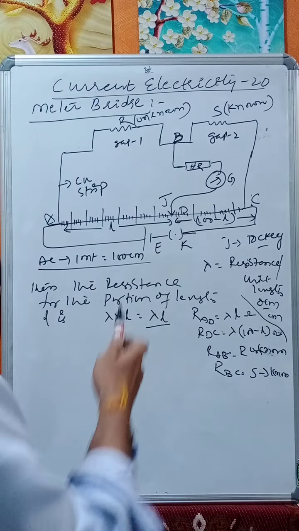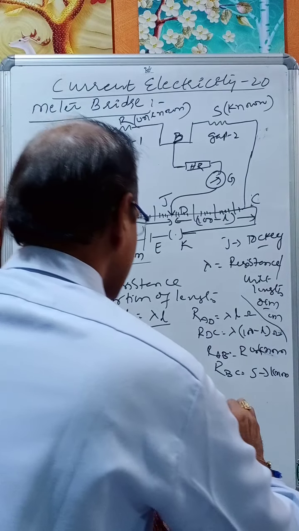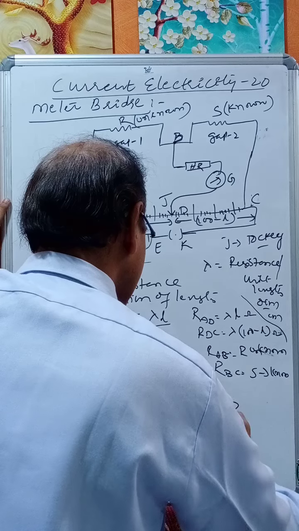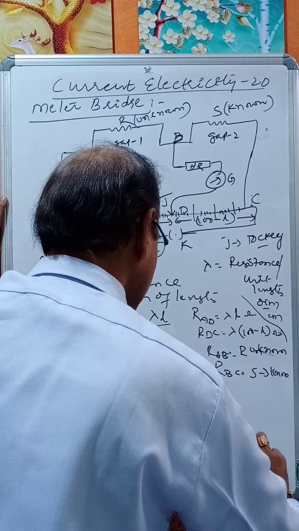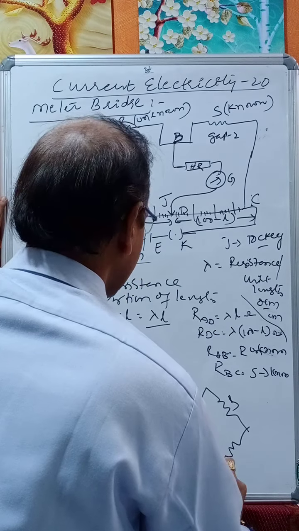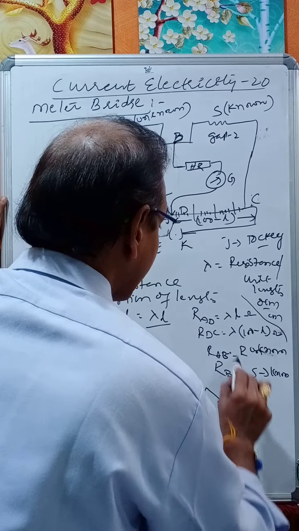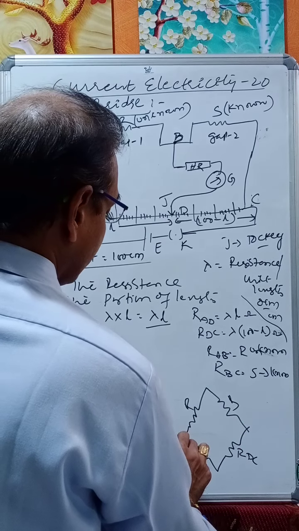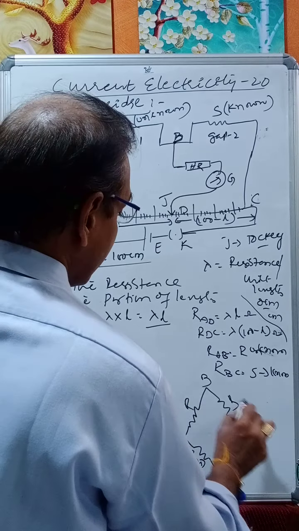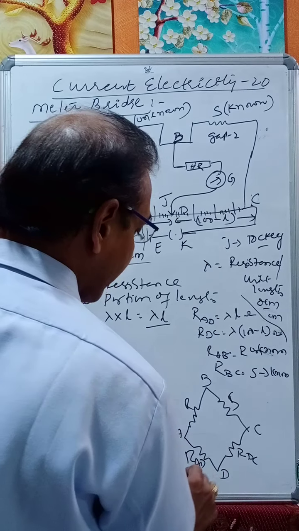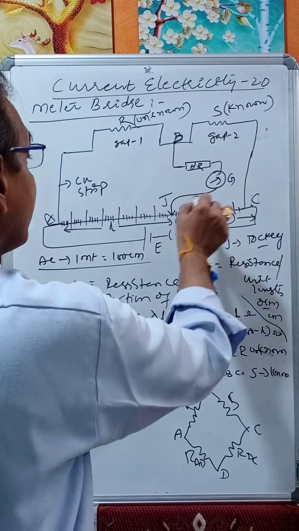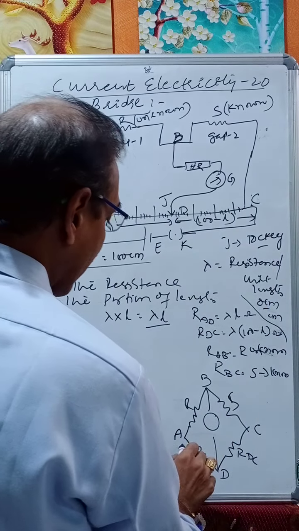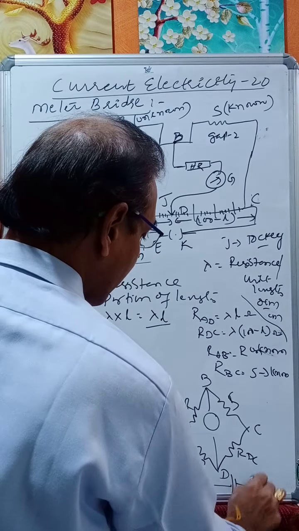Now if we adjust the figure like this, this is R, this is S, this is RAD, this is RDC, this is A, this is B, this is C, this is D. Between B and D we have a galvanometer, and between A and C we have a battery.